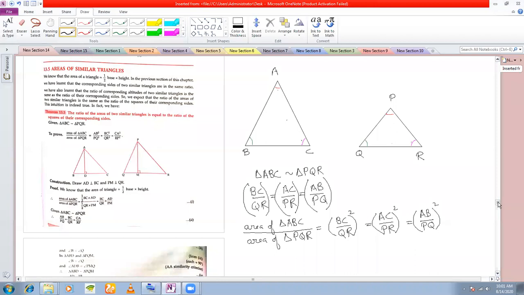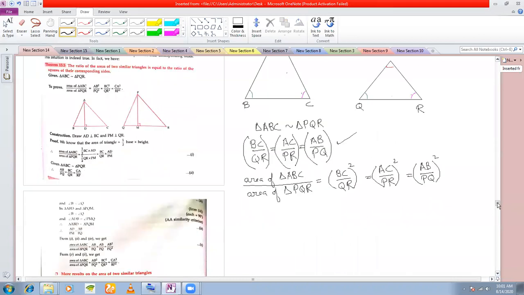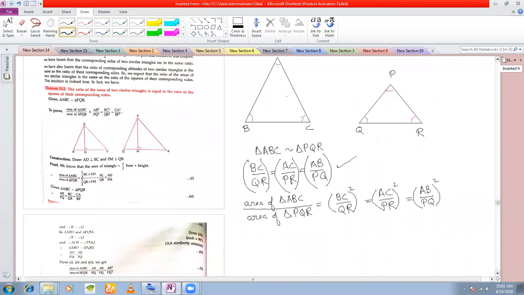No one? Fine. You write the proportional sides of the two triangles after proving similarity. Once you have written the proportional sides, the relation between areas of the similar triangles is that the area of this triangle divided by the area of this triangle, or the ratio of the areas of this triangle and this triangle, must be equal to the square of these ratios.